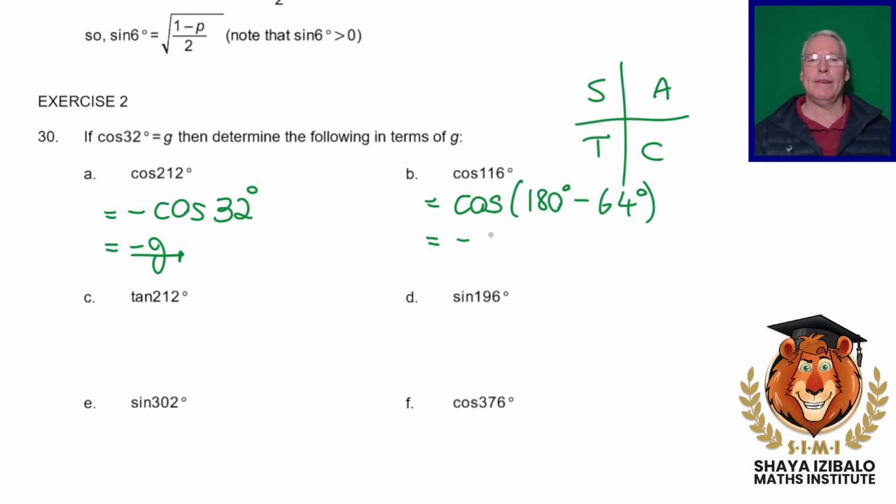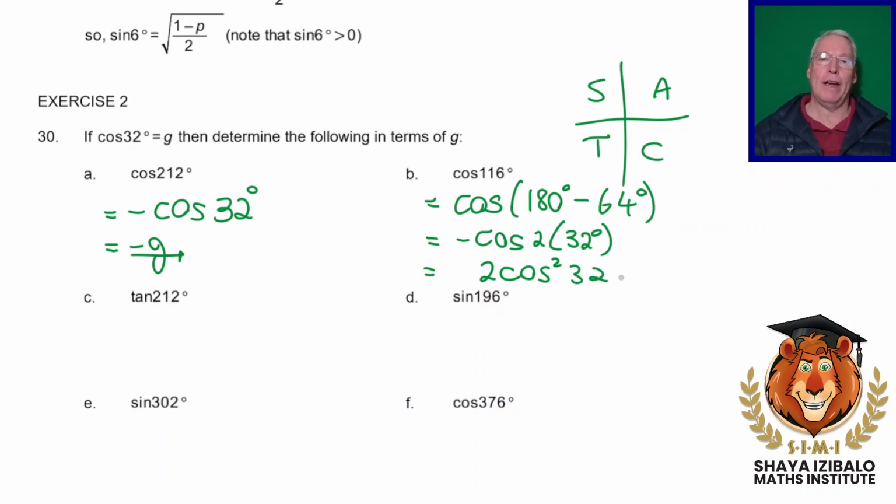So this will be negative cos of 64, or negative cos of 2 lots of 32. We know about cos of 32, so let's use our formula that involves only cos squared. So cos of 2 lots of 32 will be 2 cos squared 32 minus 1.